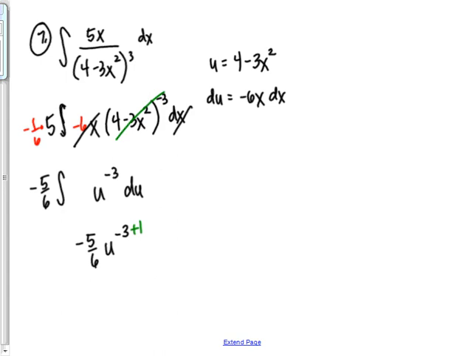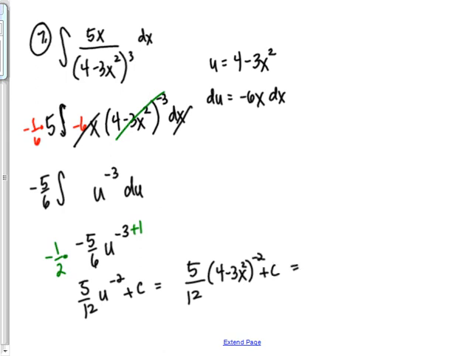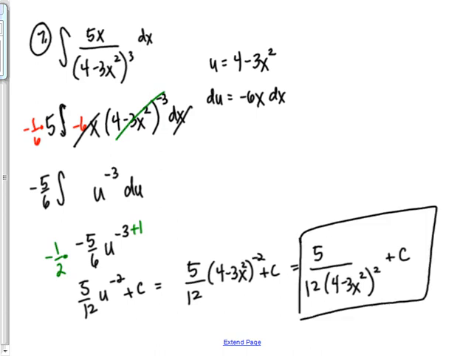Dividing by negative 2 is the same as multiplying by negative 1/2. So the negatives cancel, and I'll be left with 5/12 u to the negative 2 plus c, or 5/12 (4 minus 3x squared) to the negative 2 plus c. And that's not okay. Fix it. You already have a 5 on top and 12 on the bottom, then drop that to the bottom. Fix any negative exponents.